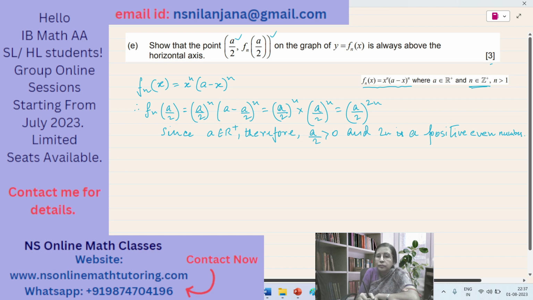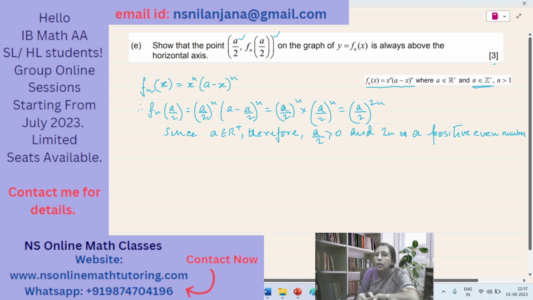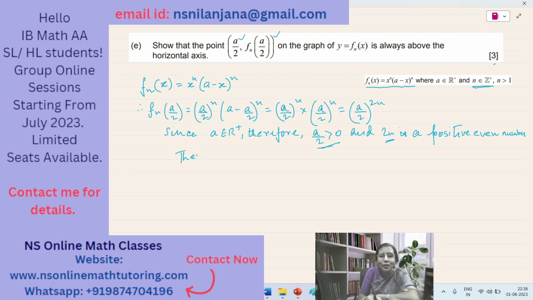So the base a over 2 is positive and the power is also positive. Therefore, a over 2 to the power of 2n will be greater than 0.